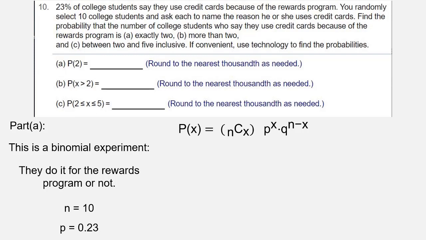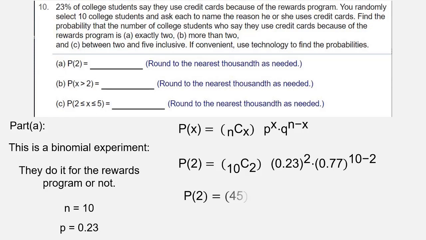So taking all those things into consideration, we start plugging in numbers. We're looking for the probability of 2 equals nCx, that's going to be 10C2. P to the x is 0.23 to the 2, and q to the n minus x is 0.77 to the 10 minus 2.